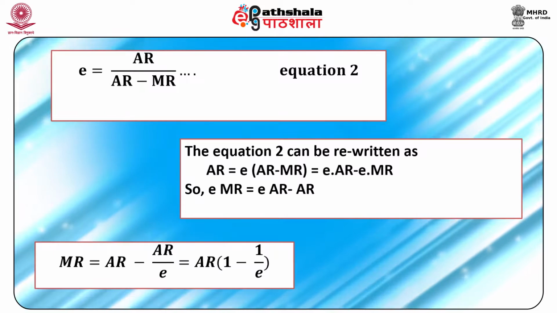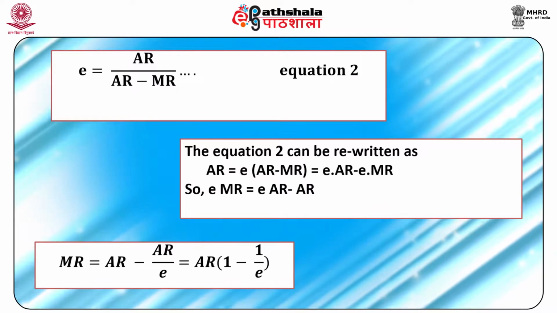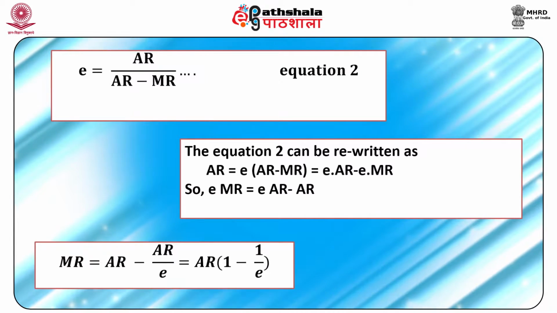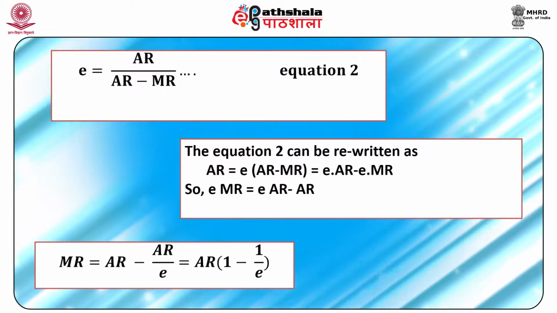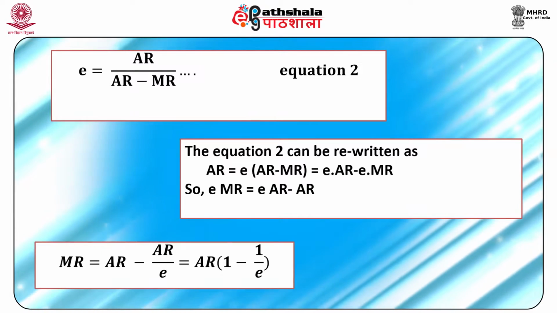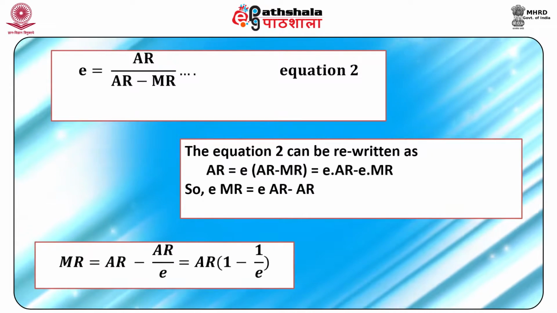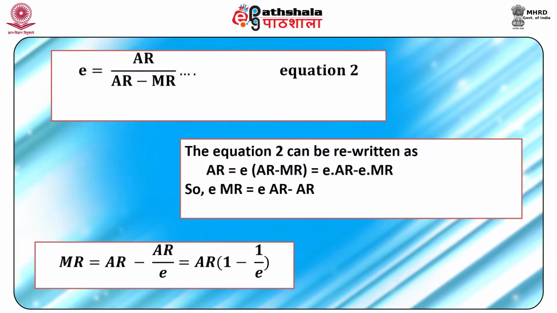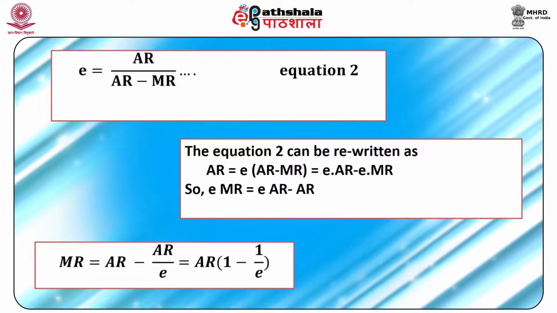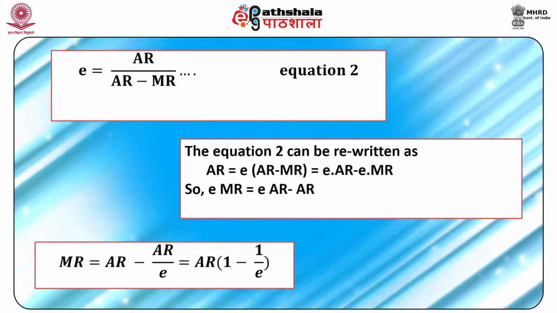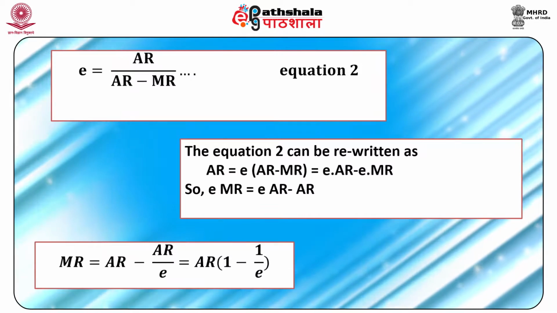So, we can transform this equation. We take AR minus MR onto the other side, so it becomes AR is equal to E within bracket AR minus MR. If we open up this bracket, it becomes E into AR minus E into MR, and if we further simplify by taking MR onto the left hand side, the relationship between MR and AR becomes that MR is equal to AR into (1 minus 1 upon E).